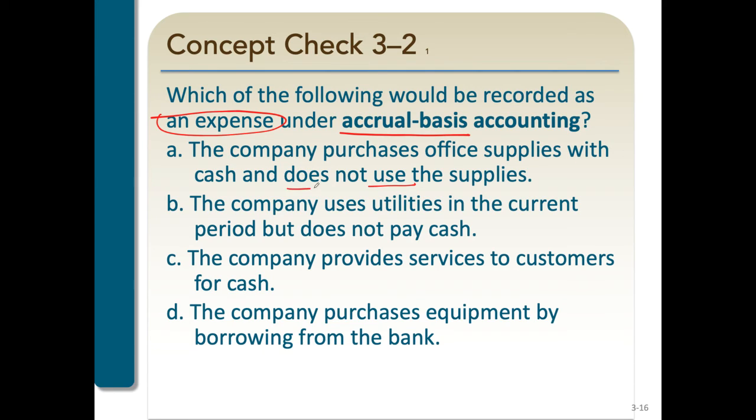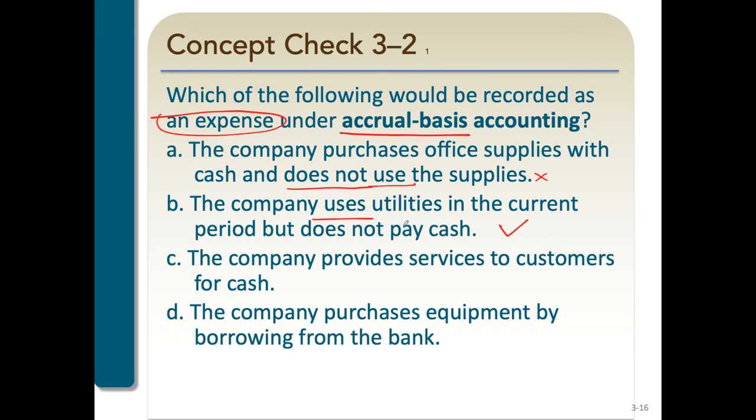It's already told you it's not used, hence not this one, right? B, the company used utilities, great, this is the key word, in the current period but does not pay cash. We don't care whether you pay cash or not if you are using accrual basis accounting. Hence, this must be an expense.